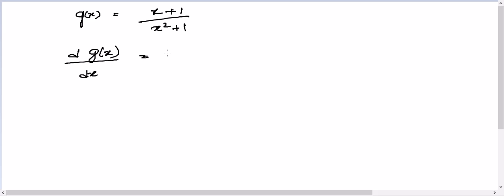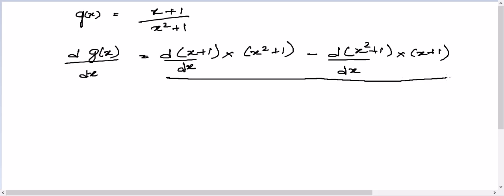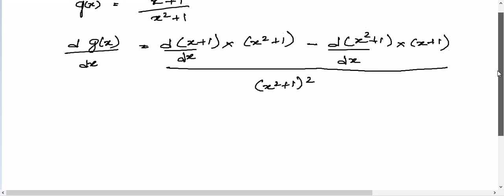First we differentiate the numerator, multiplied by the denominator, minus the derivative of the second term multiplied by the first function, that is x plus 1, whole divided by the denominator square. That's the rule, right guys? We are using that only.